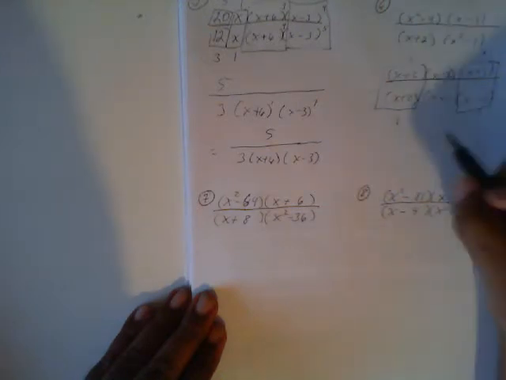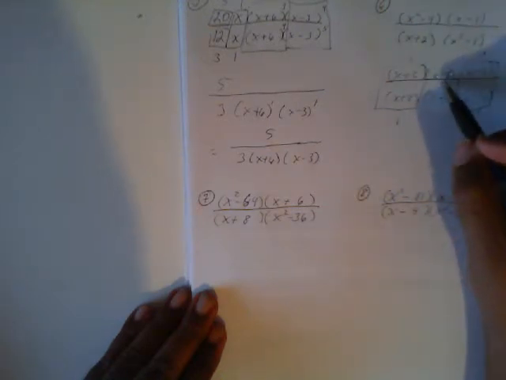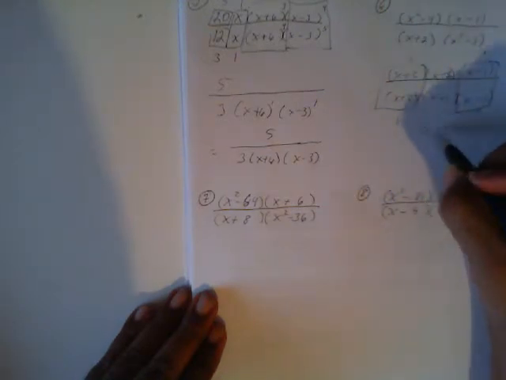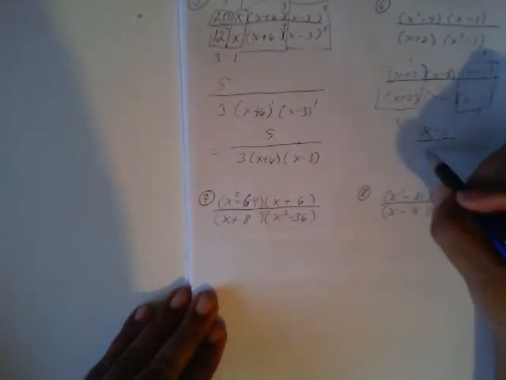The binomials would be x plus 1 times x minus 1. Now, when I cancel common factors, the x plus 2's cancel, and the x minus 1's also cancel, becoming 1 and 1 here, leaving 1 times x minus 2, which is x minus 2, all over 1 times x plus 1, which is x plus 1.